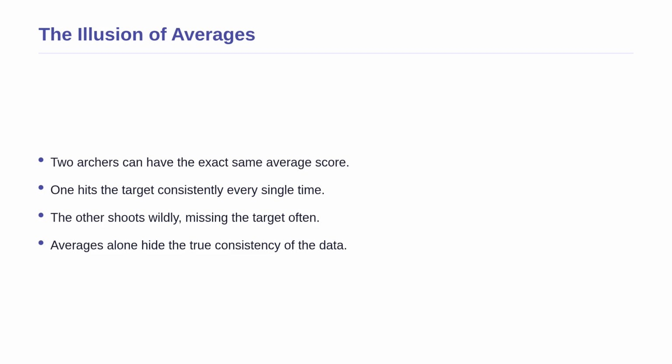If you only look at their average score, they seem identical, but their consistency is completely different. This is exactly why we need a way to measure the spread or scatter of data, not just the center. We need tools that tell us how spread out our numbers are from the average.